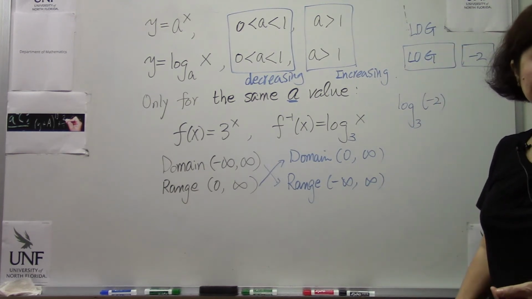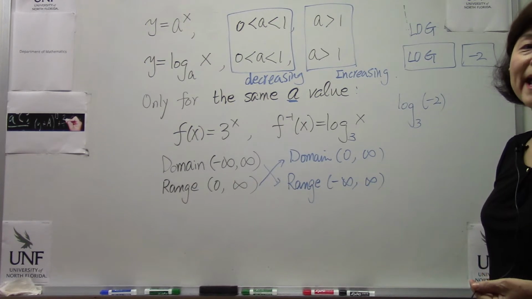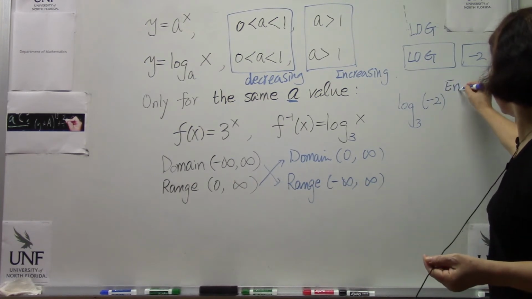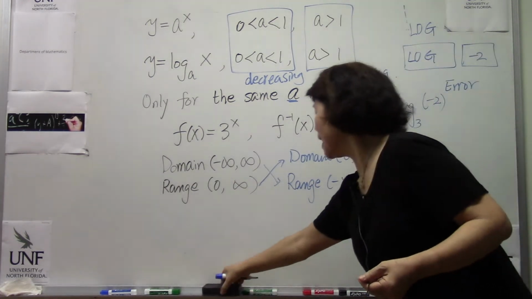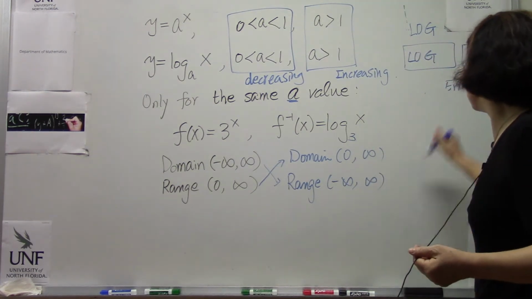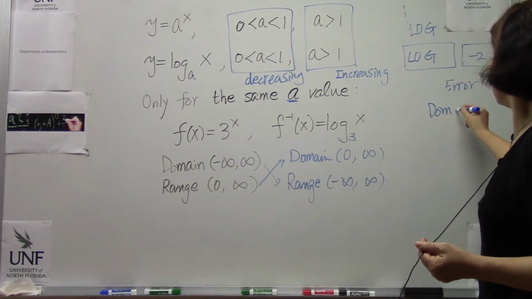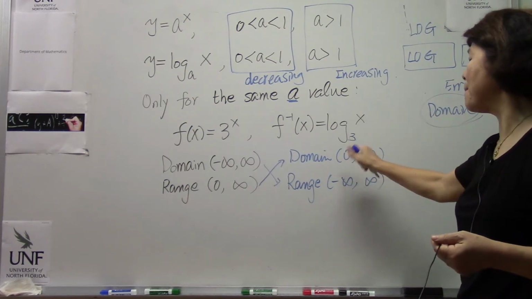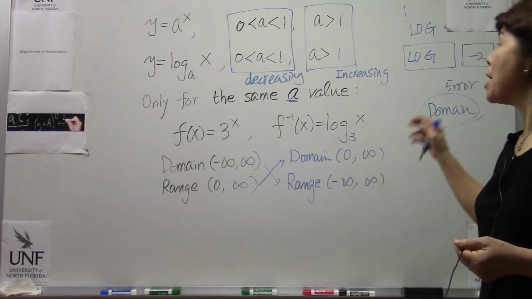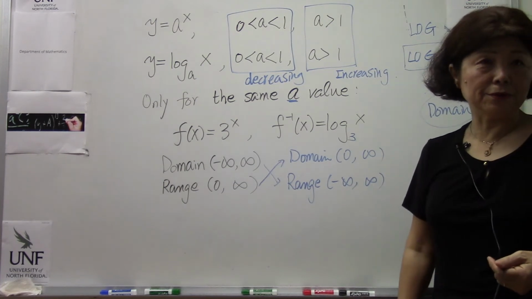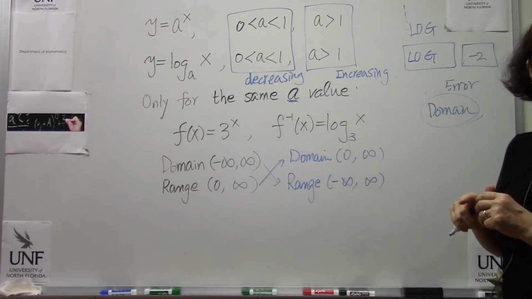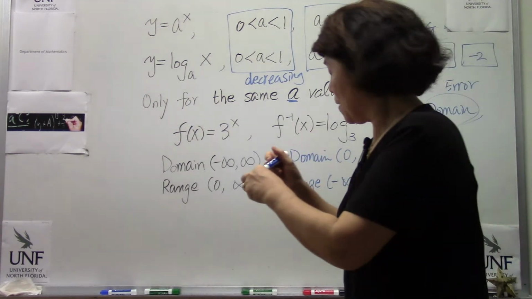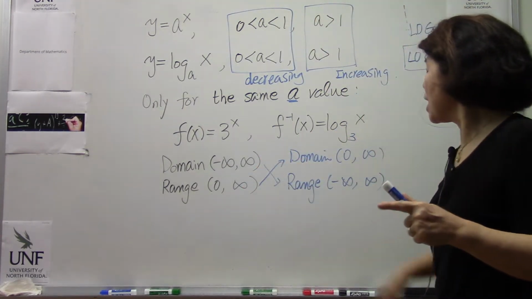What's going to happen? It's going to say error, or if it's a good calculator, domain error. What did we do wrong? The domain is only positive real numbers, but we entered negative 2. That's what the calculator is saying. So these things are very important.